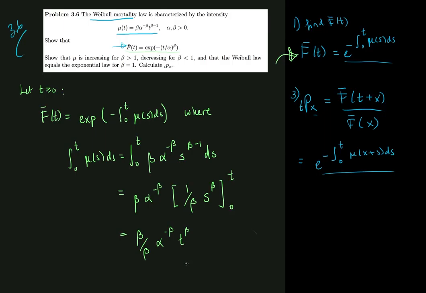Let me see, is this all working out? Well, this is all working out pretty fine. That's nice, because then the betas go out, and what I have here is t divided by alpha to the beta.